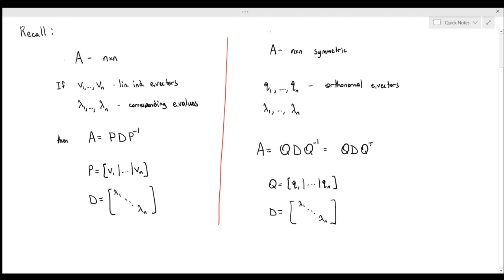But since the columns of Q are orthonormal, it turns out to be an orthogonal matrix, so that its inverse is actually the same as its transpose. So this factorization of a symmetric matrix using the orthonormal eigenvectors is called the spectral decomposition. And it's something that you can only do for a symmetric matrix.